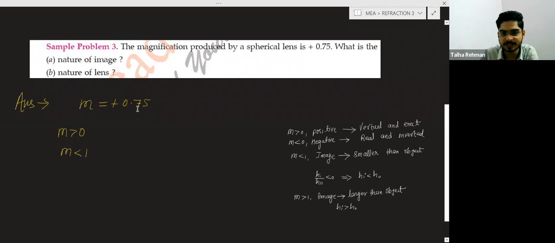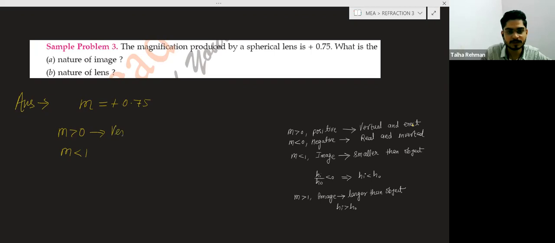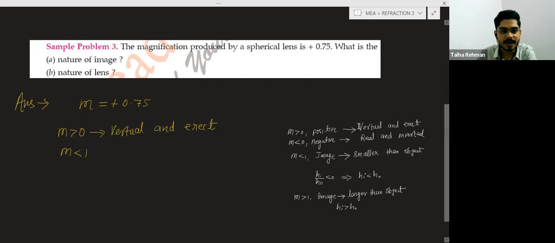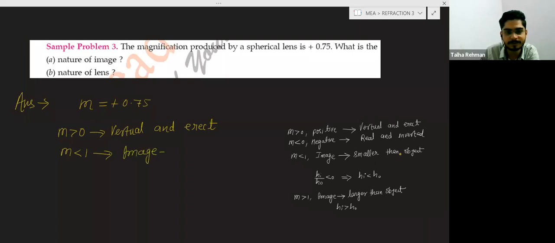See, this 0.75 is less than 1, and this magnification is positive also. What will happen when your magnification is positive? The image will be virtual and erect. And magnification is less than 1 means the image will be smaller than the object. Smaller than the object means the image will be diminished.